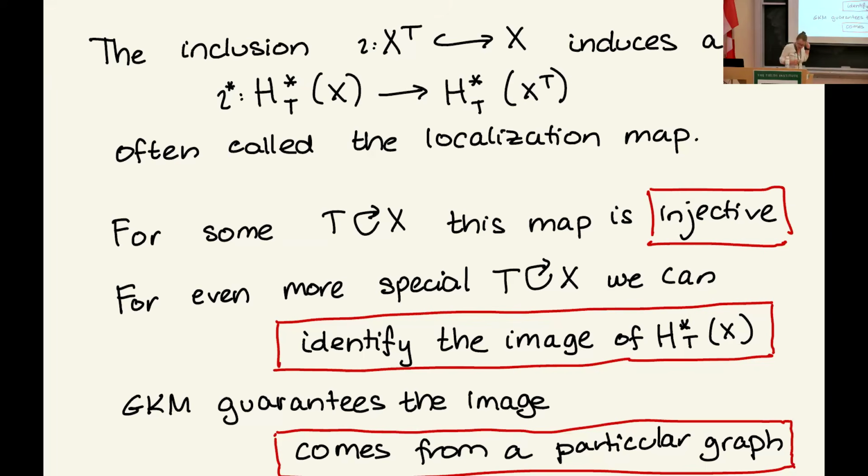So here's another place where I could list a whole lot of names. I guess I didn't say Goresky, Kottwitz, MacPherson either, but that's the GKM. Atiyah and Kirwan and many other people, and this whole philosophy. This is a philosophy as well as a set of results.